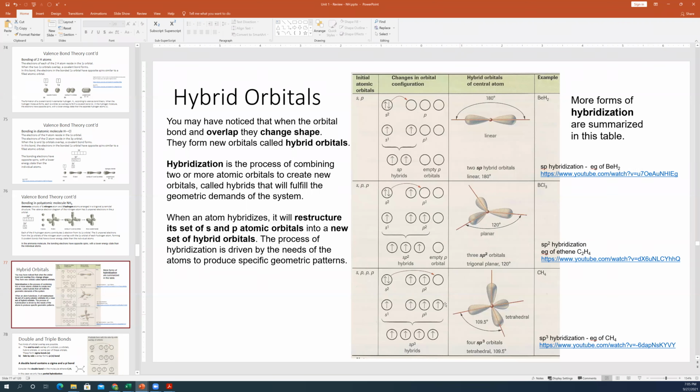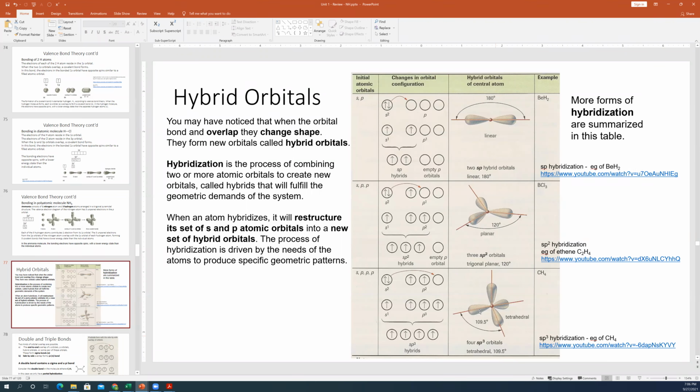Finally, if you have a situation with 2 electrons in the s orbital and 2 electrons in a p orbital, you could get a promotion, an excitation of the s electron into the p orbital. And then you have hybridization and the formation of 4 sp3 orbitals.